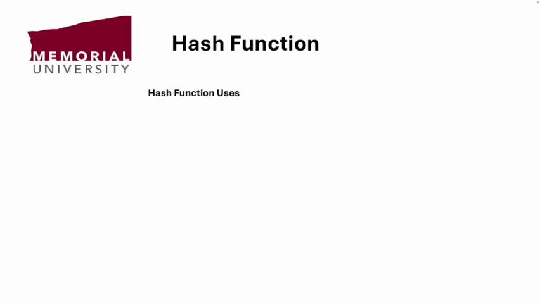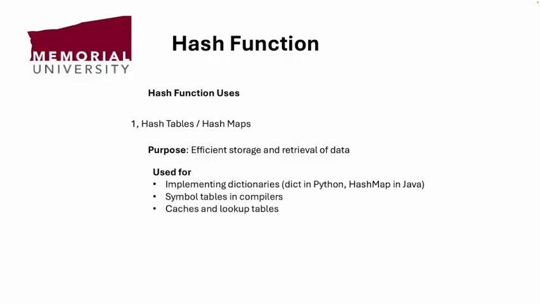Let's see how the hash function is used. I just grabbed some examples, from ChatGPT and elsewhere, but let's discuss. It's being used very widely now. A common example is the hash table, or hash map, to effectively store and retrieve data. There are built-in implementations in many programming languages, like the dictionary in Python and HashMap in Java.